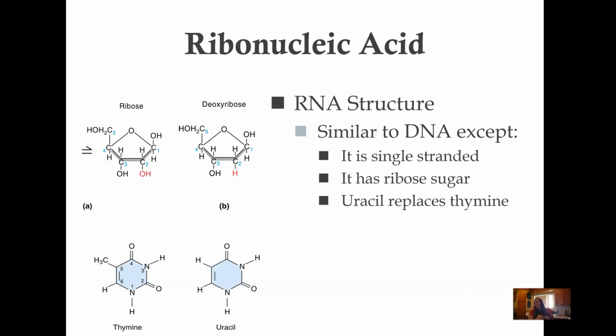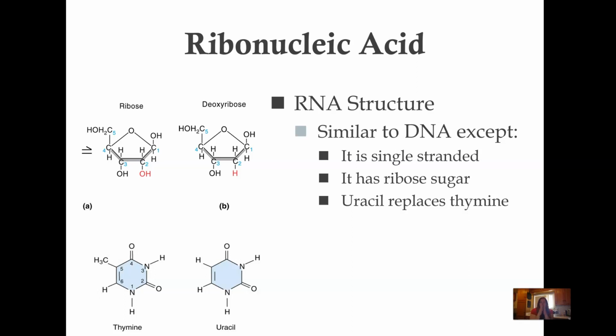So the overall model of DNA is that DNA is double-stranded. The vast majority of the time DNA exists as a double-stranded molecule, and the fact that it's double-stranded makes it extremely stable. So it's yet another reason, along with the sugar phosphate backbone lending itself to the stability of this molecule.